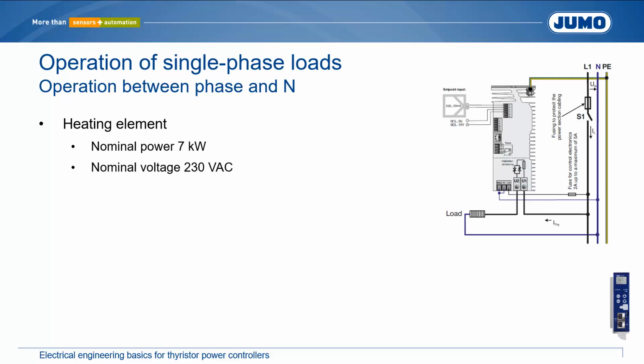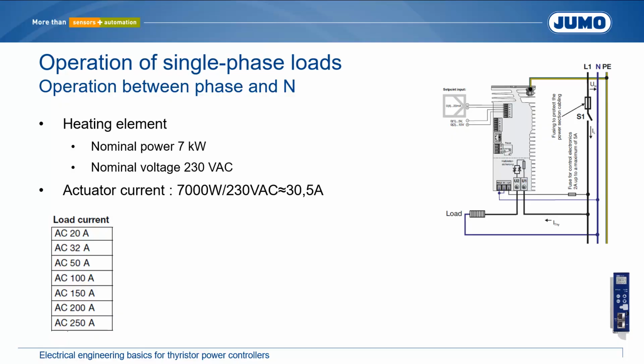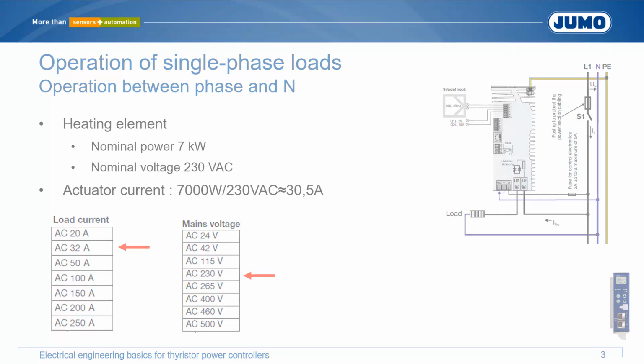By dividing the power by the phase to neutral voltage, the current through the consumer is obtained. This current is switched by the controller. Therefore, a TYA201 must be designed for at least this current. A thyristor power controller for a maximum load current of 32 amps is used. The controller must be designed for the phase to neutral voltage of 230 volt AC.